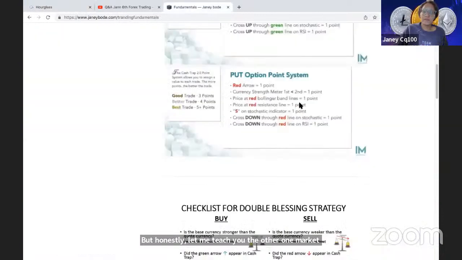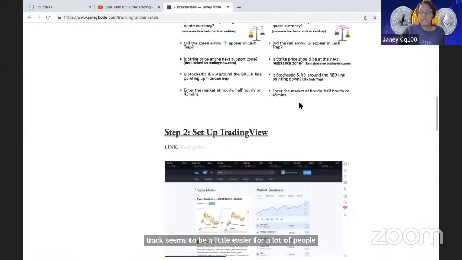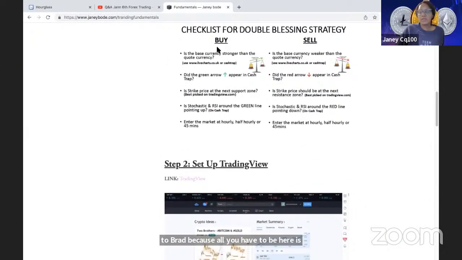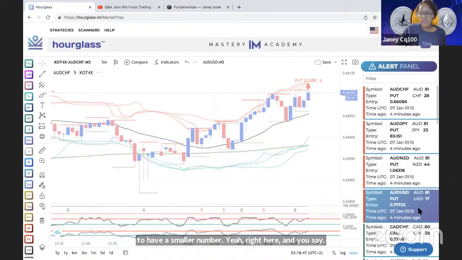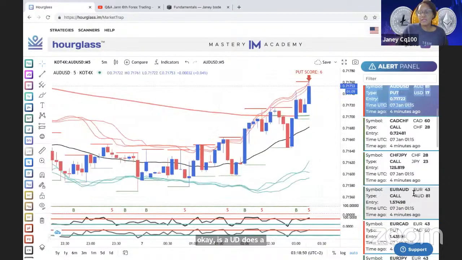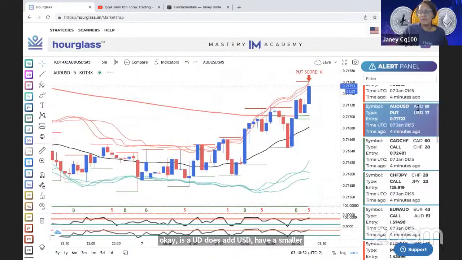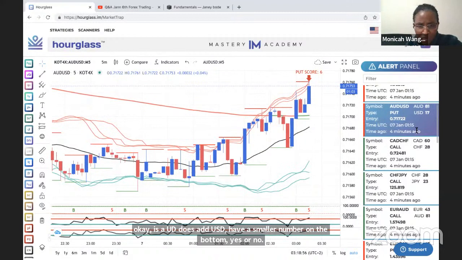If it's a buy, I want the bottom currency to have a smaller number. So you come here and say, does AUD/USD have a smaller number on the bottom? Yes or no? Where are the numbers? I can't see them.